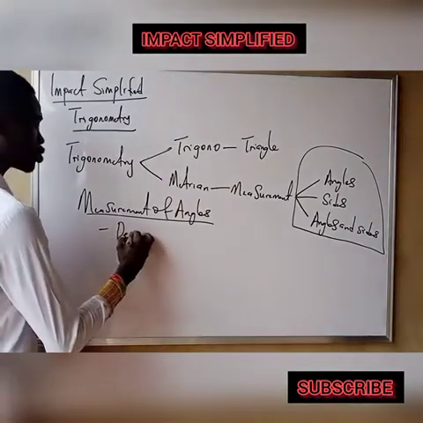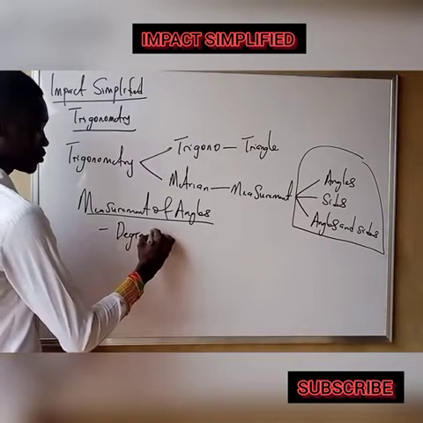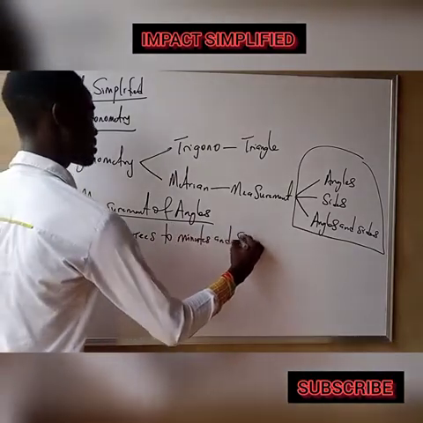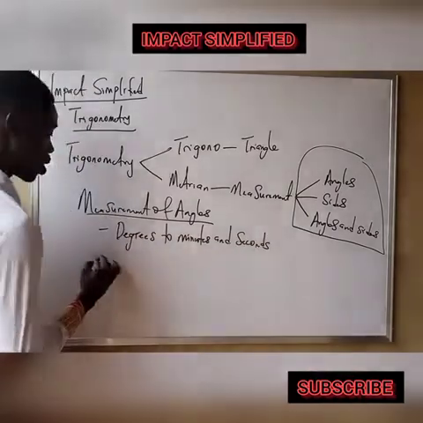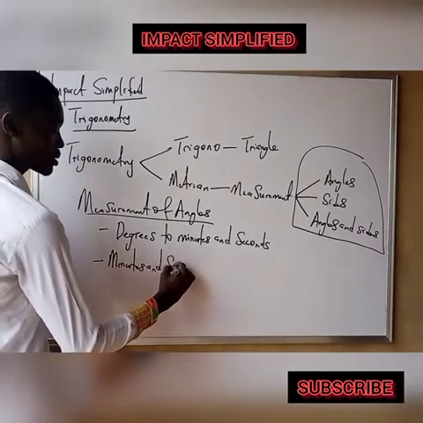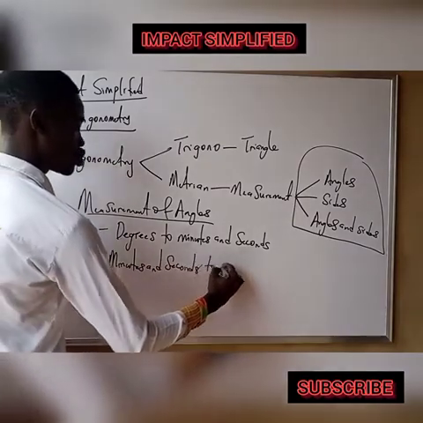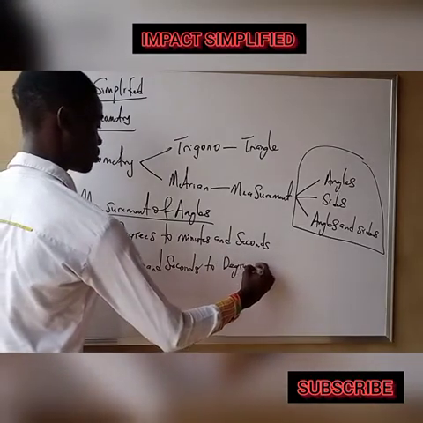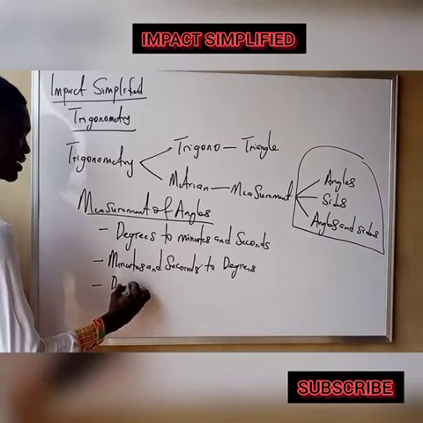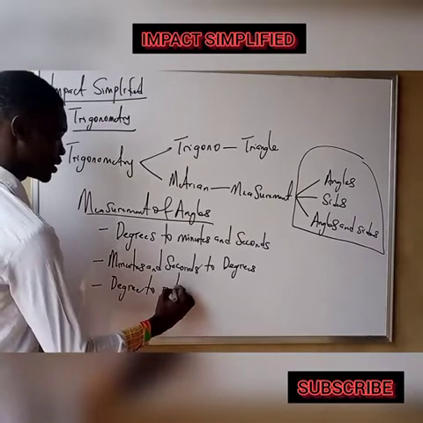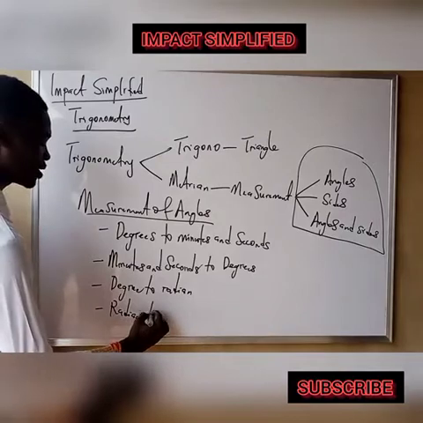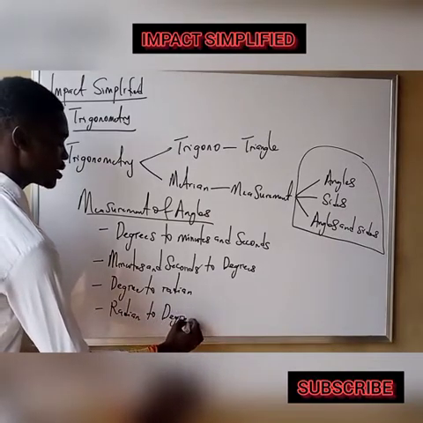We want to look at how to convert degrees to minutes and seconds, how to convert angles in minutes and seconds to degrees, how to convert an angle in degrees to radians, and how to convert an angle in radians to degrees.